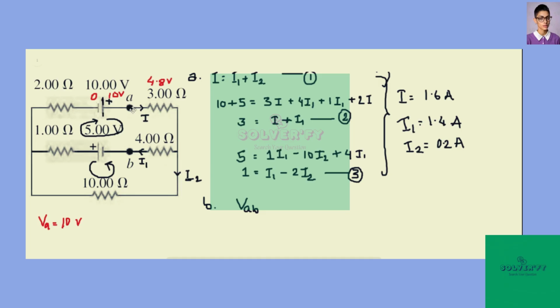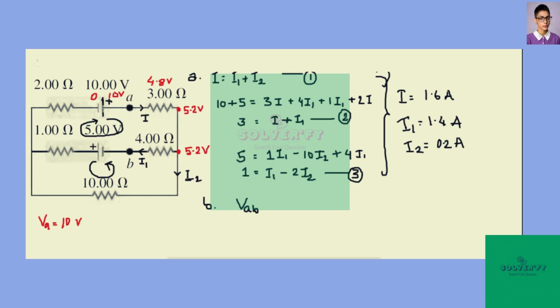This has a potential of 10 volts and the potential difference is 4.8, so by subtracting, the potential at this point should be 5.2 volts. So this point also should be at a potential of 5.2 volts.